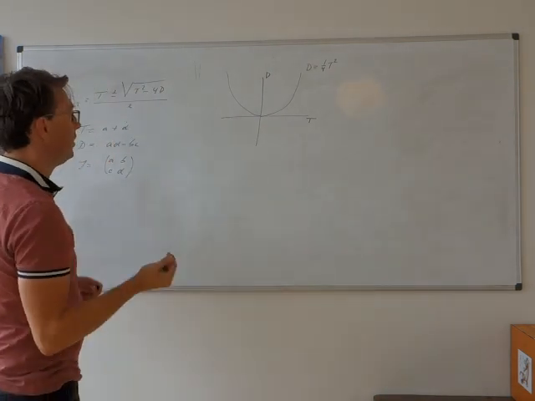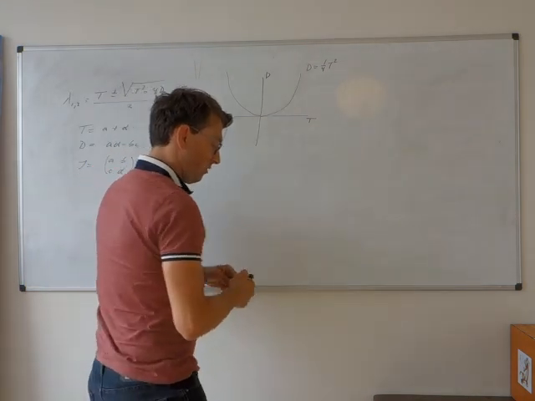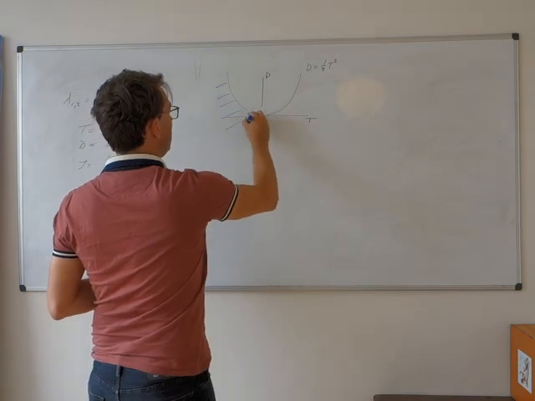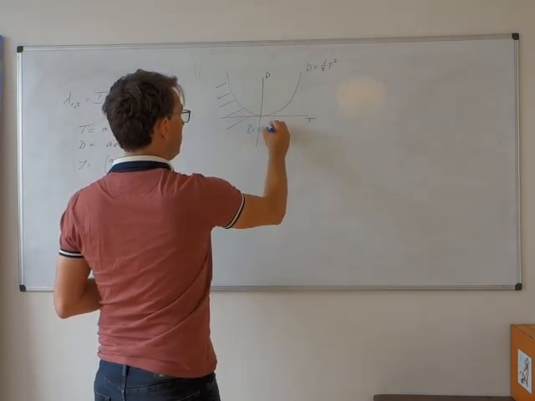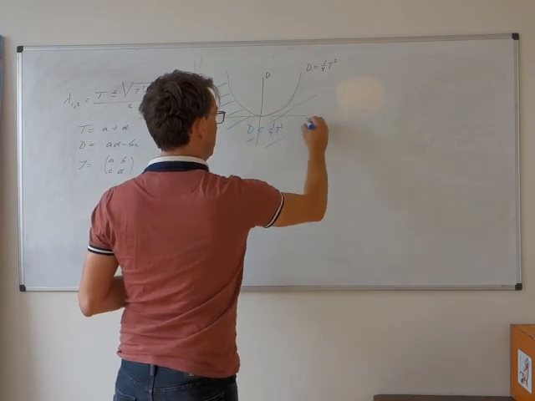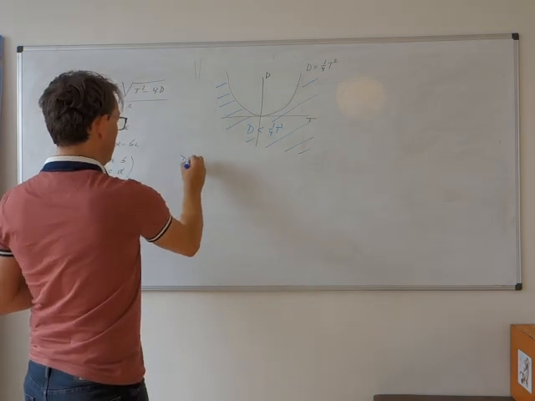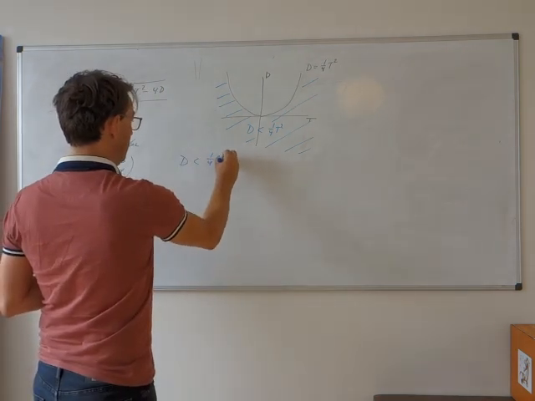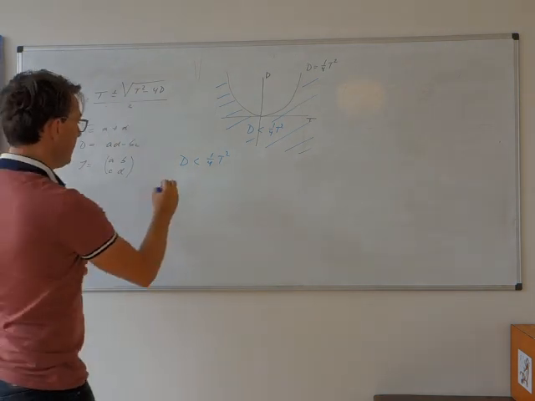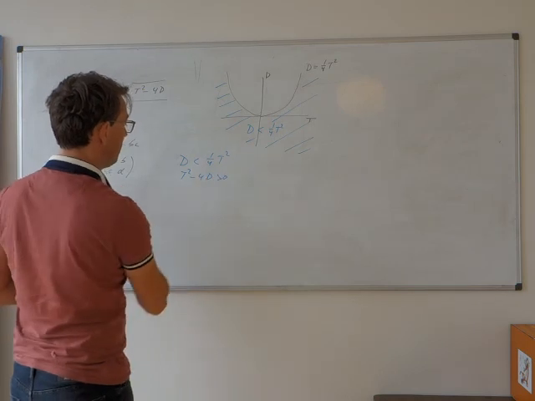And if you think about the lower part, okay, so let's mark that in blue. So let's say d is smaller than 1/4 t squared. So d is smaller than 1/4 t squared. Right, that means that t squared minus 4d is greater than 0.